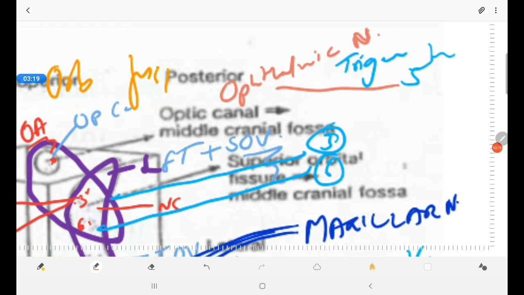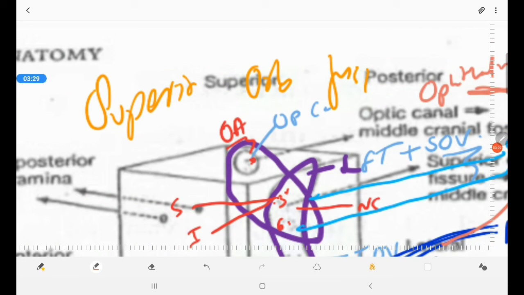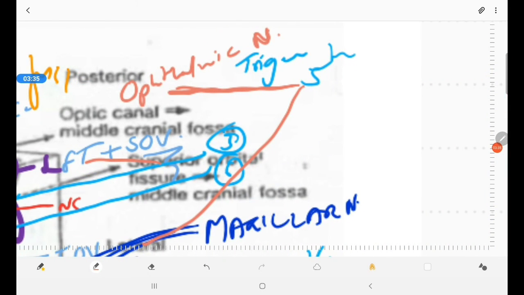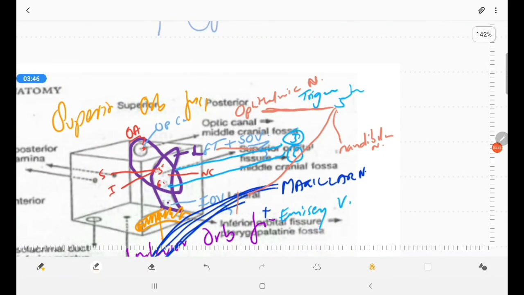Don't confuse it with the oculomotor or the optic nerve. This is a different nerve. We have not discussed it so far. Now this is where the maxillary nerve is going through. And after that there will be a mandibular nerve.